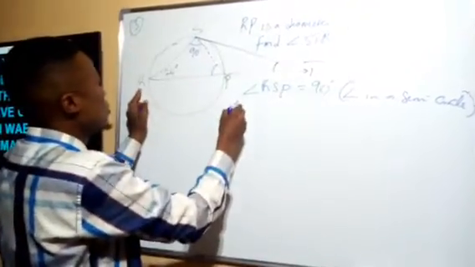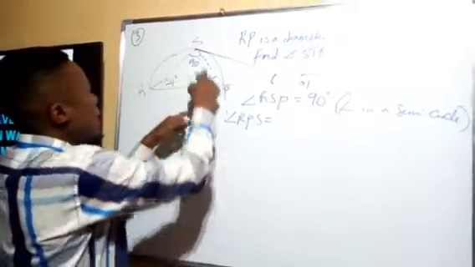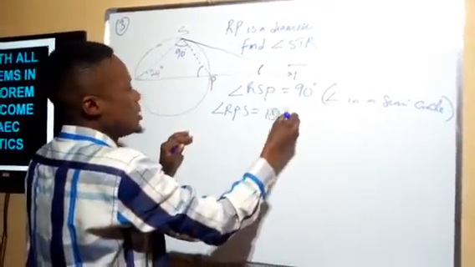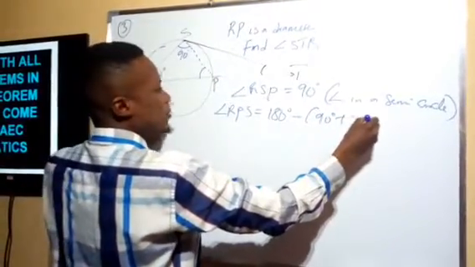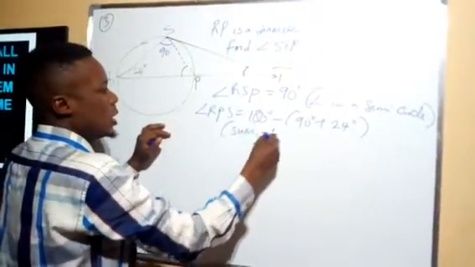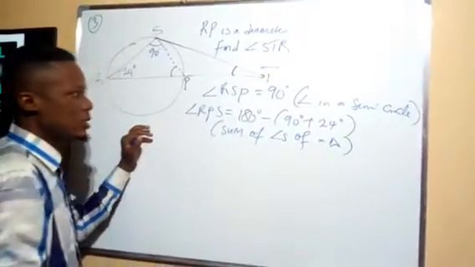Hence, angle RPS, this angle here, will be equal to 180 degrees minus 90 degrees plus 24 degrees. Reason: sum of angles of a triangle is 180 degrees.